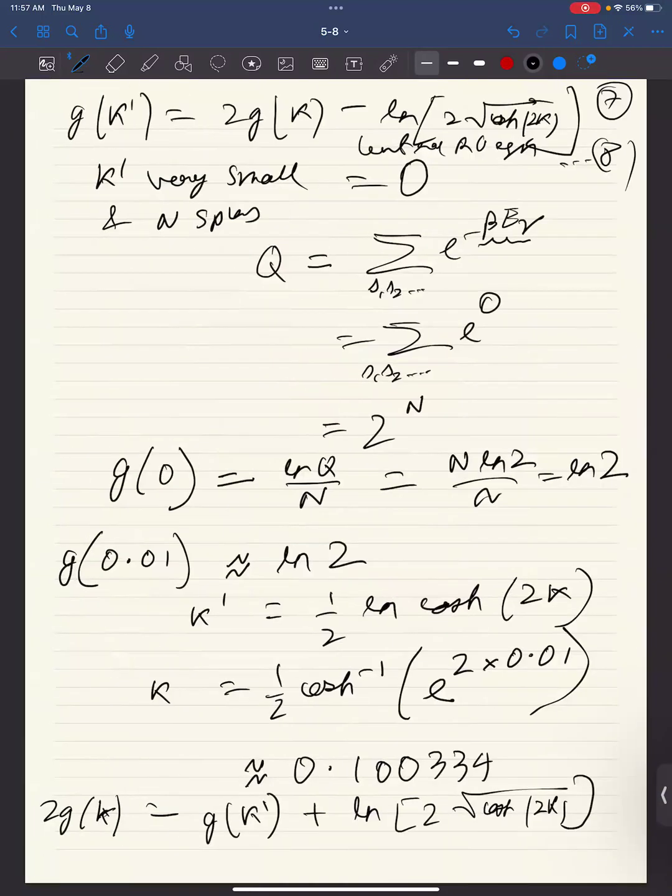Okay, so now we have this equation and we can work through it. G of k prime is ln 2. Let me write down this equation on the next page. So we have 2g of k is equal to g of k prime plus ln 2 square root of hyperbolic cos of 2k.